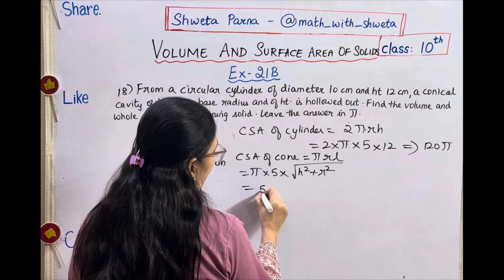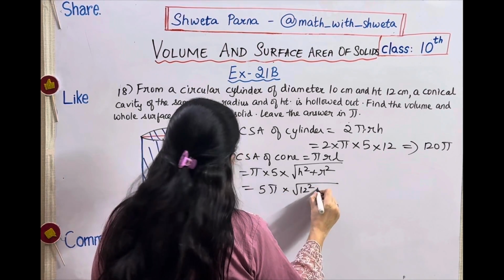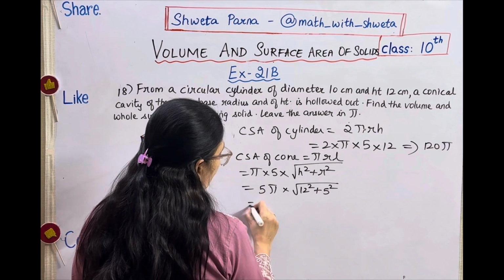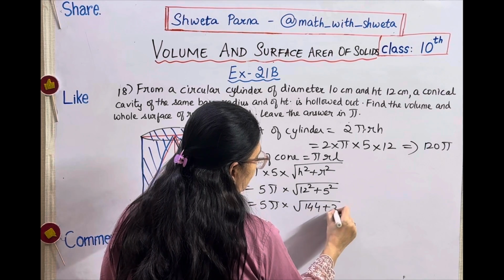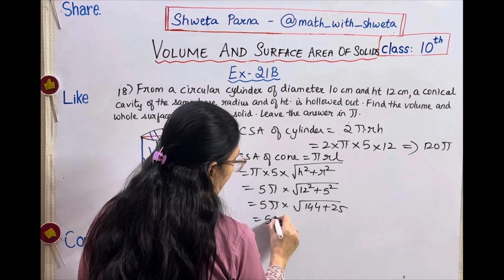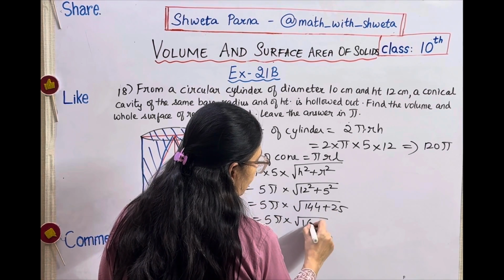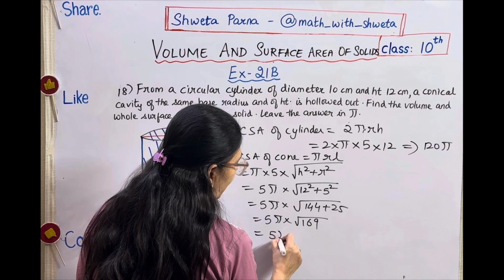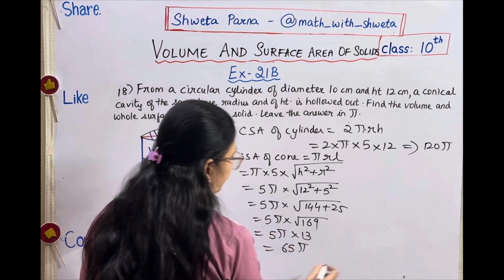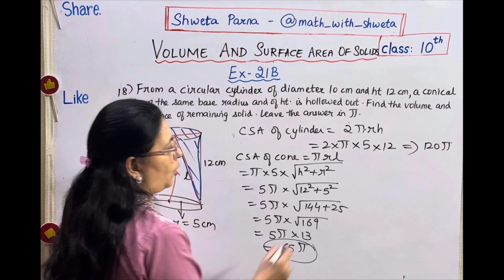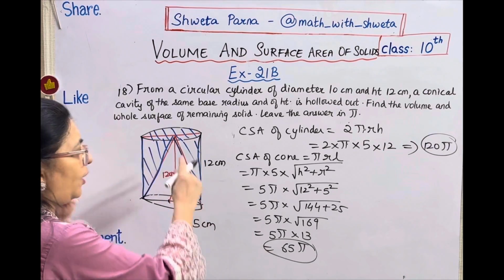So it is 5 pi into square root of 12 square plus 5 square, 5 pi into 144 plus 25, which is 169. So square root of 169 is 13. So it is 65 pi. So this is the curved surface area of cone. This is the curved surface area of cylinder. What is the area of the circle?